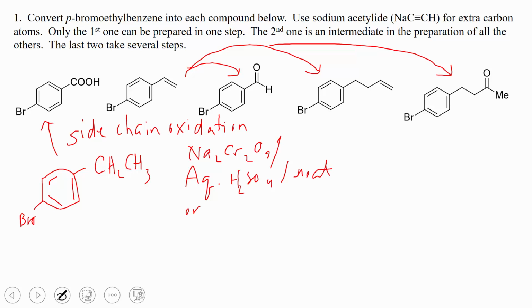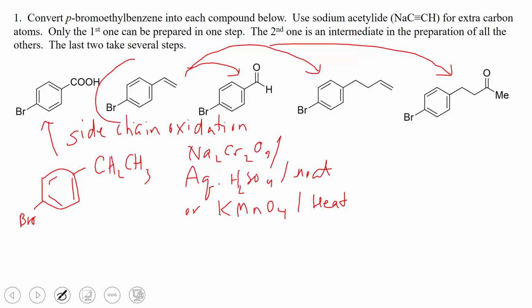Or we can employ potassium permanganate and heat too. This is done in aqueous solution, so water is also an essential ingredient. So that's the only one-step transformation.